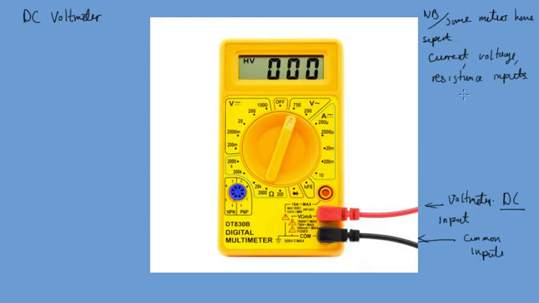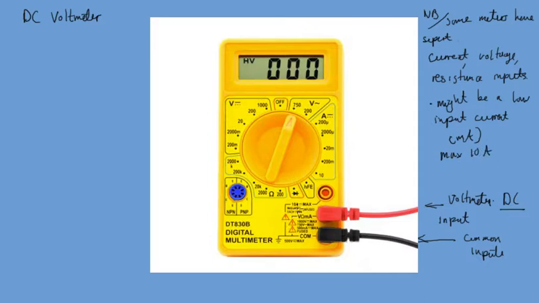And for the current, you might have an input for a larger current, and some will have a low current input, either in milliamps, or it would say maximum 10 amps.